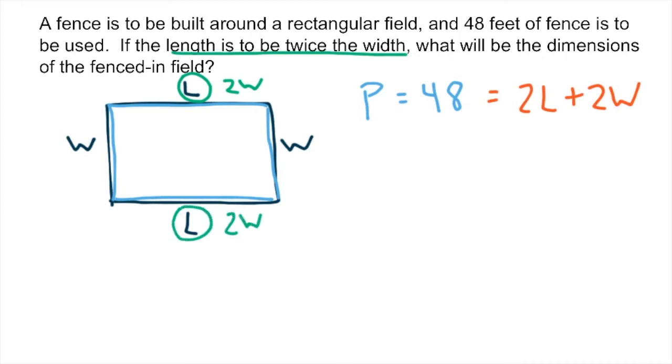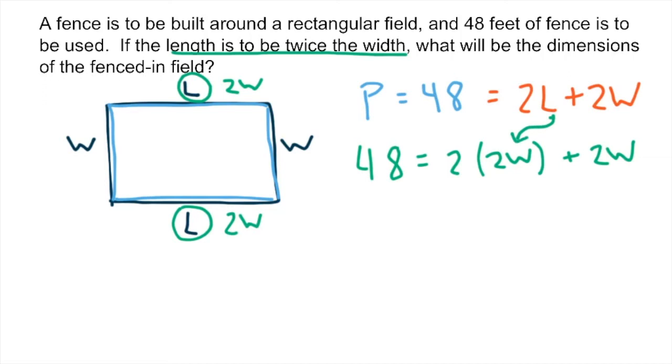So when I set this up to solve, what I'm going to have over here is that the perimeter equals 2 times the length. But instead of L, I'm going to use 2W. You may remember that as being called substitution from your algebra courses. And then plus 2W. So this L got replaced with 2W because I know those two are equal because the problem told me so.